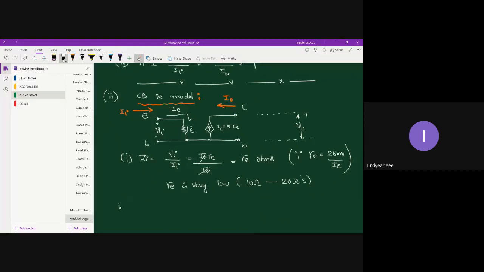So if your source, I'm talking about the source because you connect the source here, has a very low impedance, say a few ohms, then you can go for the common base model, because the common base model also gives an input impedance in the range of ohms.